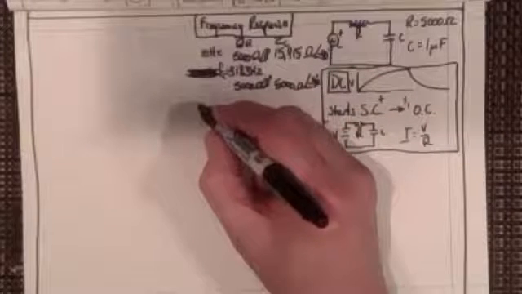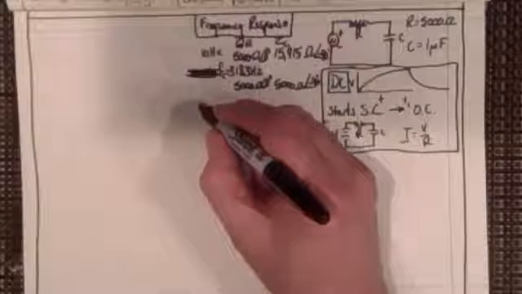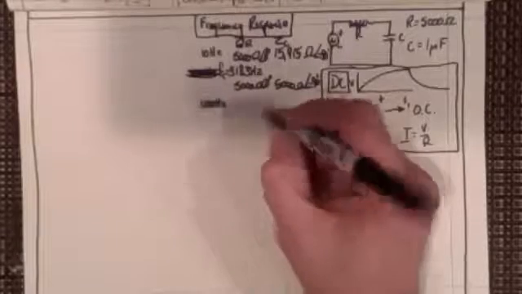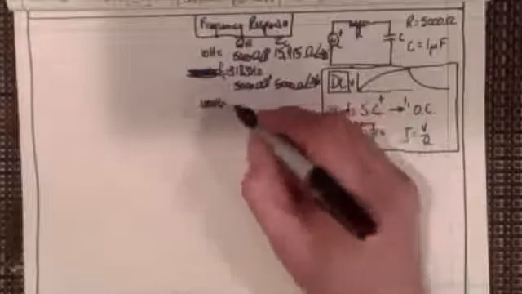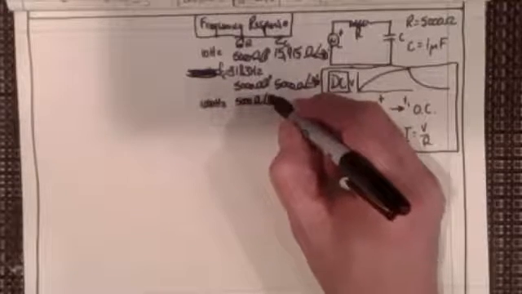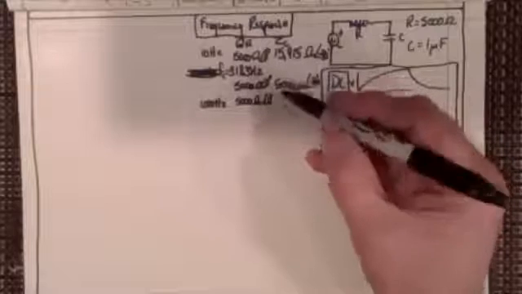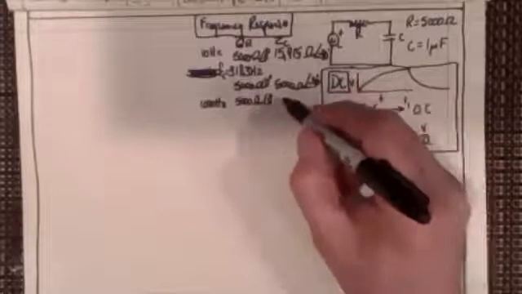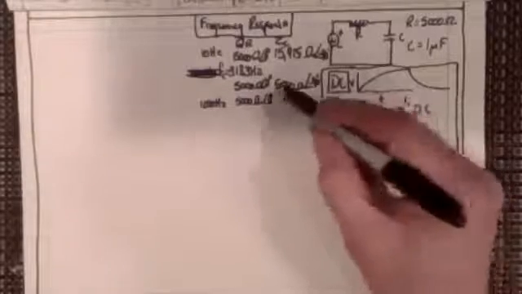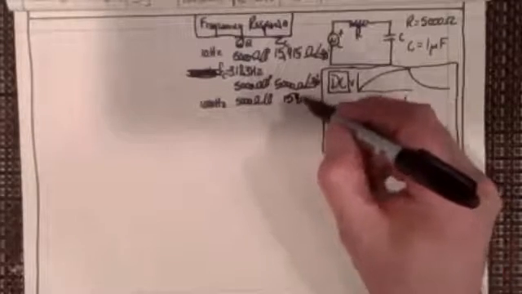And then if we went up to 1,000 hertz, we still have the 5,000 ohms at 0 degrees here, but we ended up having 159 ohms here, at minus 90 degrees.